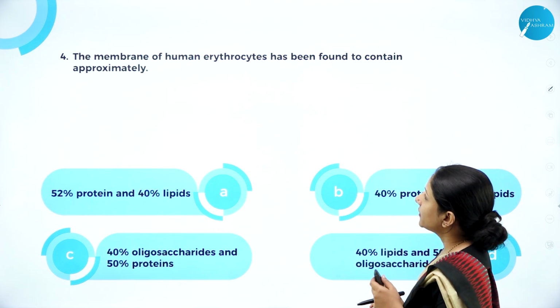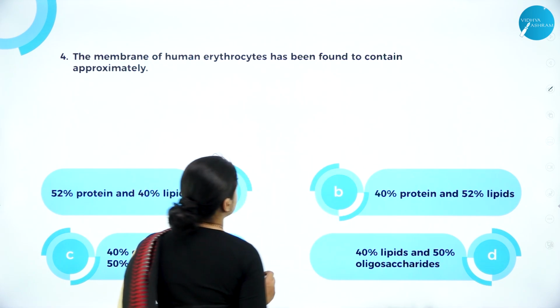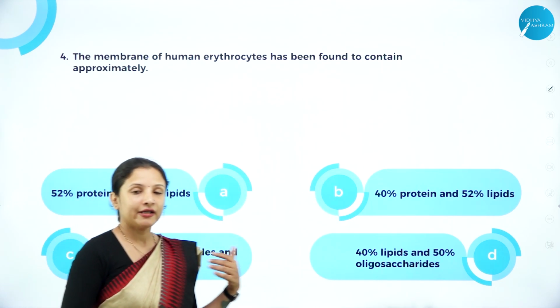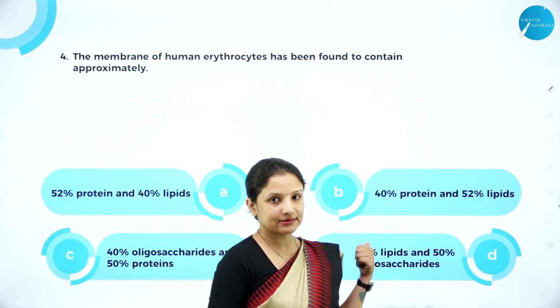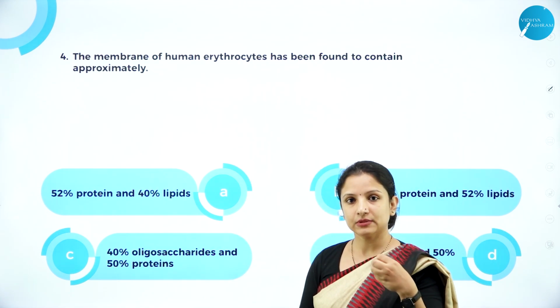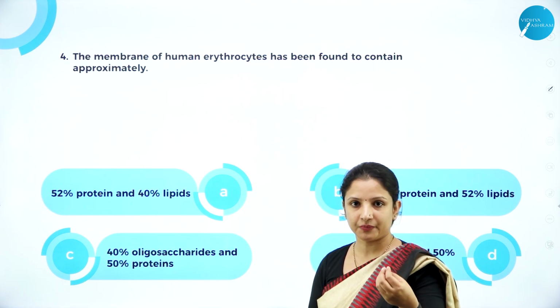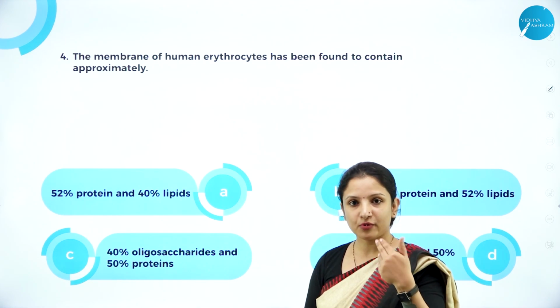Next question. The membrane of human erythrocytes has been found to contain approximately. Here, we had not discussed this in the topic. We learned that the plasma membrane is mainly made up of lipids, that is phospholipids, and also carbohydrates.